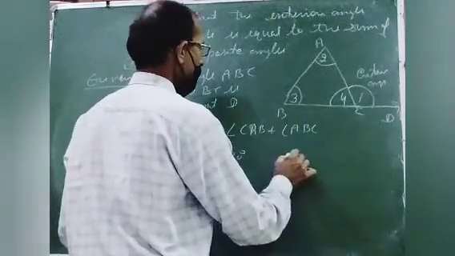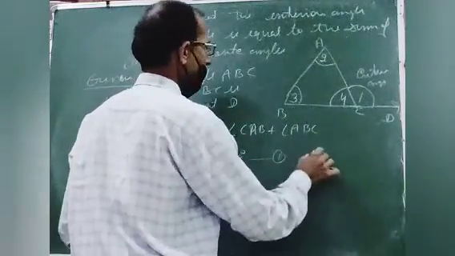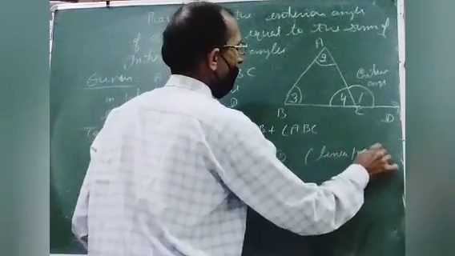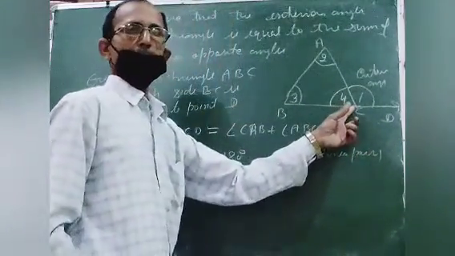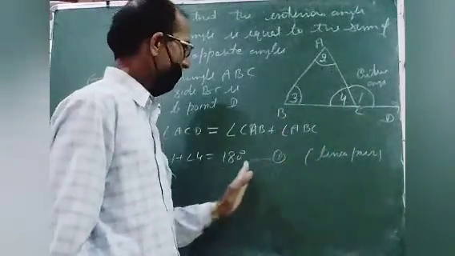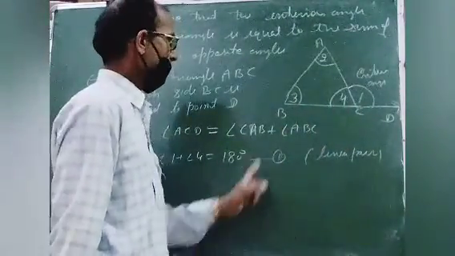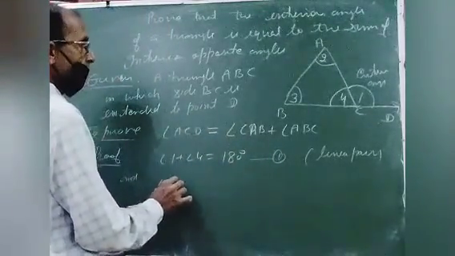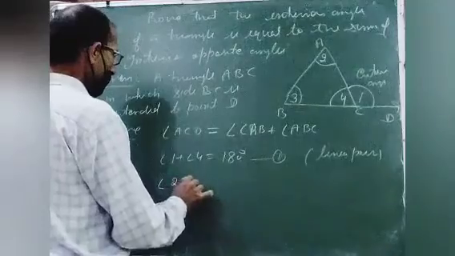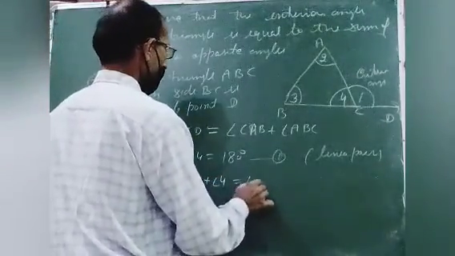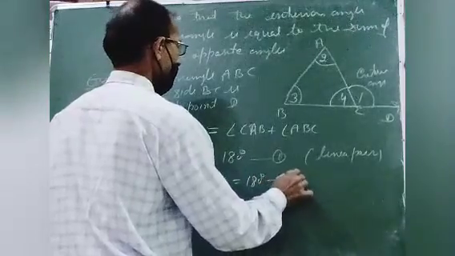Why? Linear pair. Say equation 1. This is a linear pair because two adjacent angles are there and their measure is 180. And angle 2 plus angle 3 plus angle 4 is equal to 180 degrees.